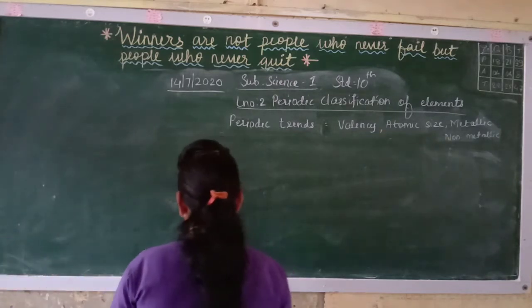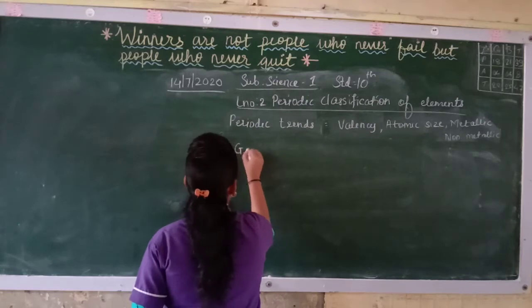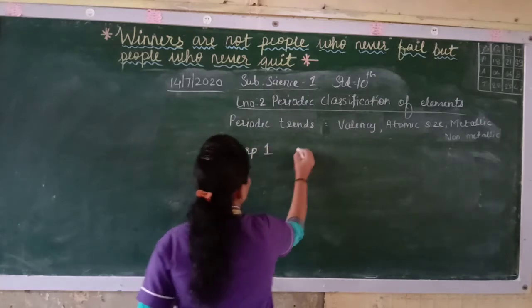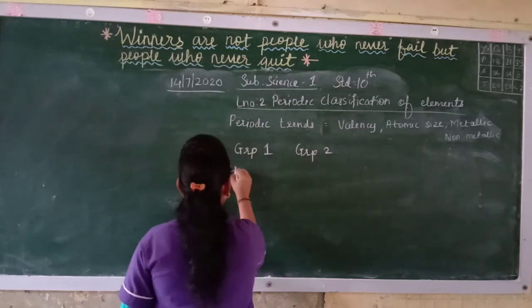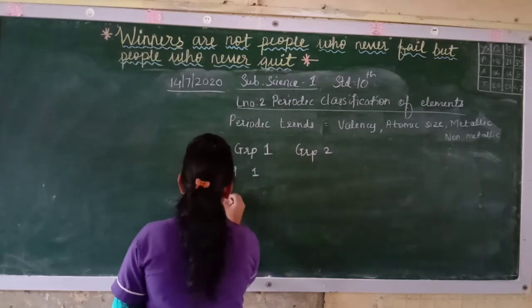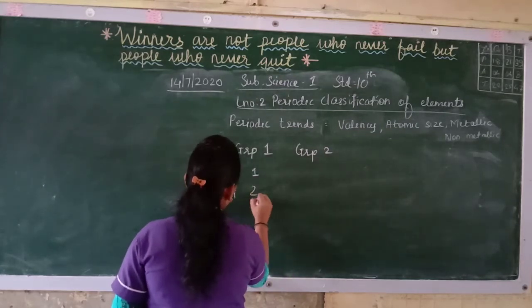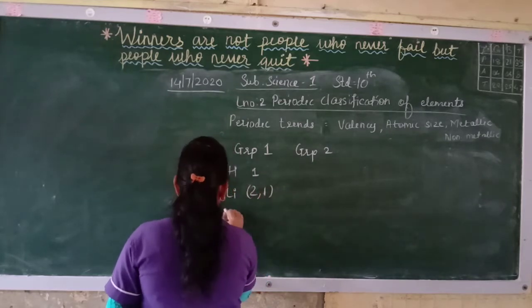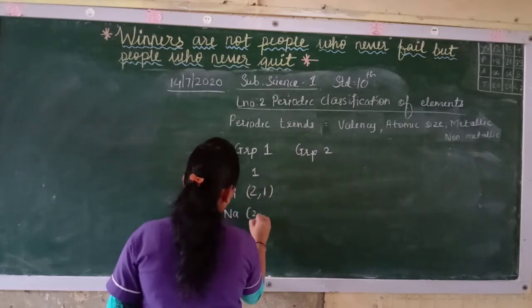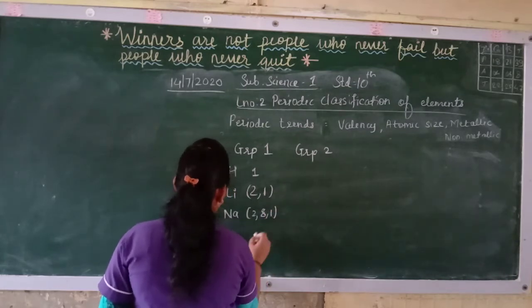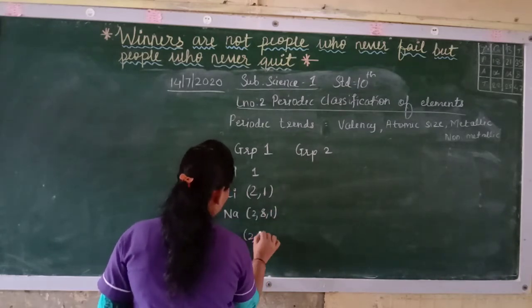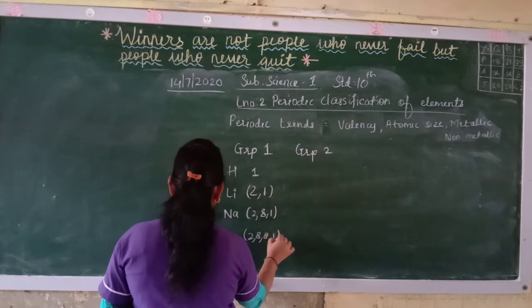See here, for group-wise, if you take group 1, group 2: first you have hydrogen, which has 1; lithium has 2, 1; sodium has 2, 8, 1; potassium is 2, 8, 8, 1.